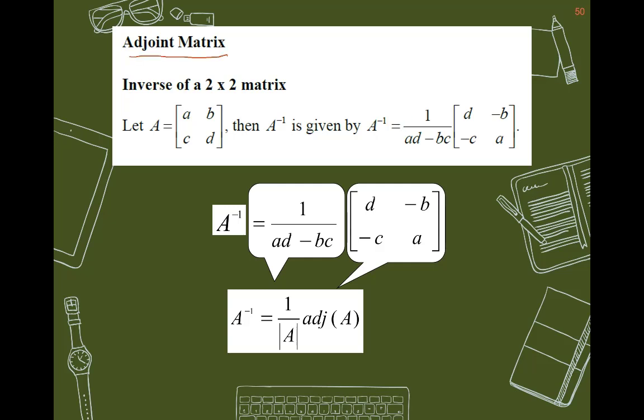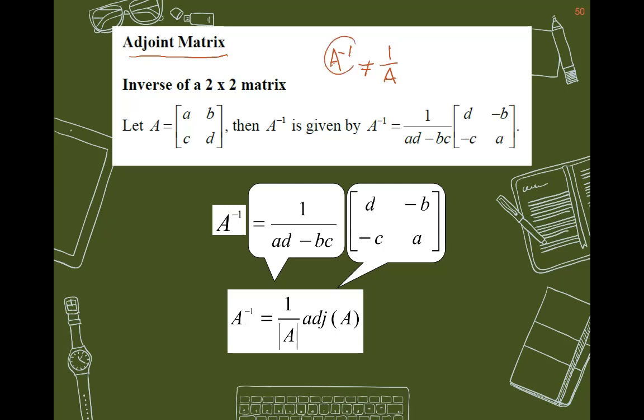Inverse of a 2 times 2 matrix, let's say given matrix A, B, C, D, and we want to find the inverse. Please note that this is the symbol for A inverse and it is not 1 over A, because this is not algebra, this is matrix.